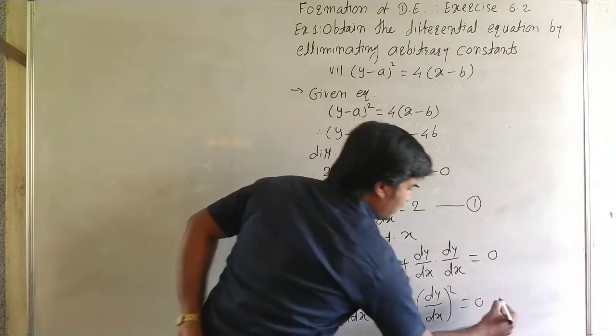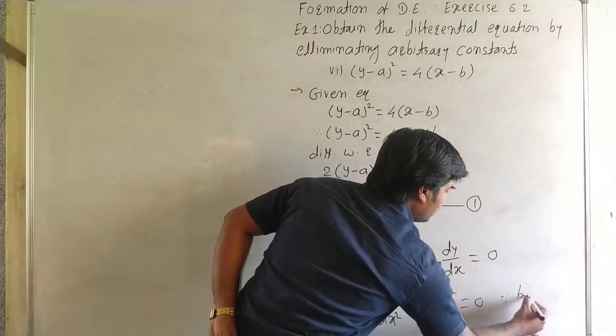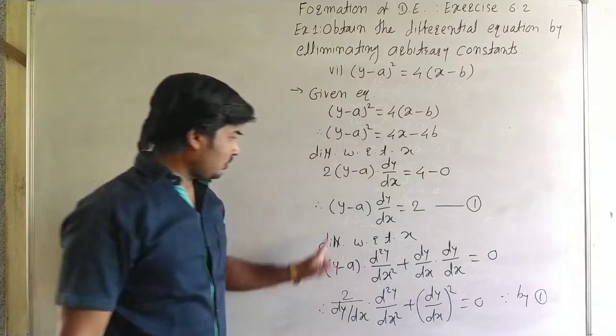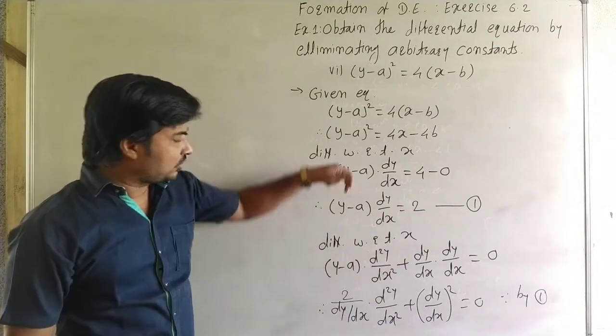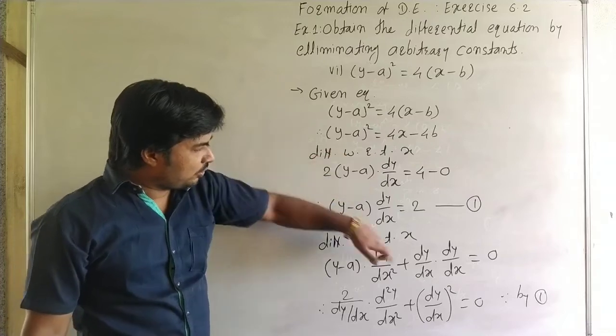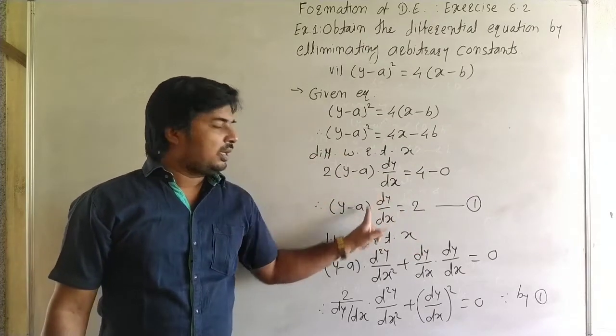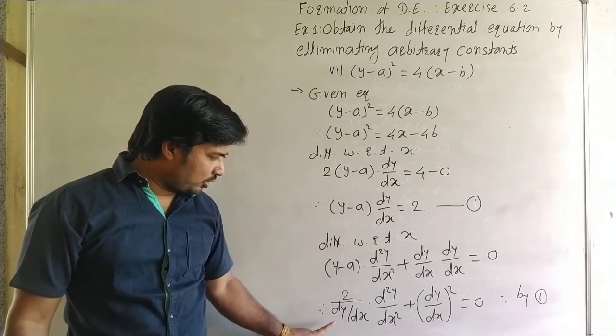Here by equation number 1, y minus a is equal to 2 upon dy by dx.